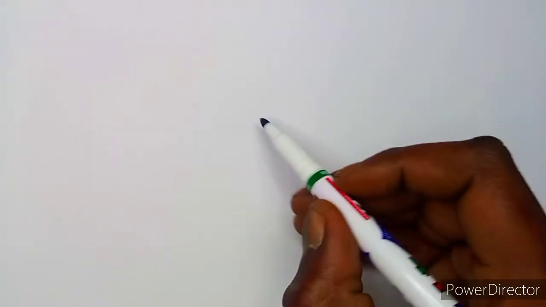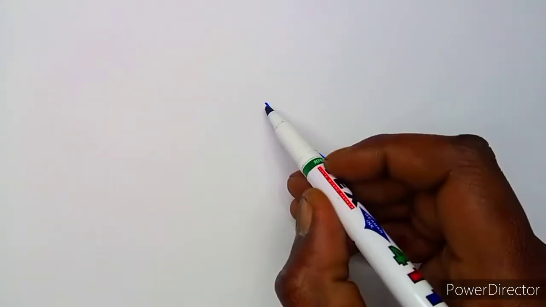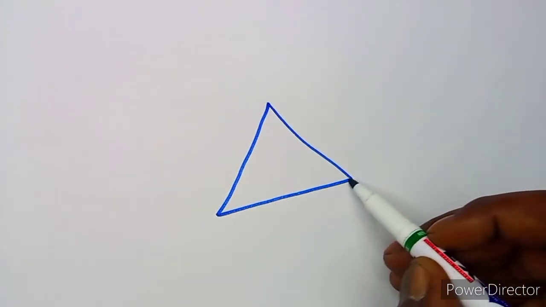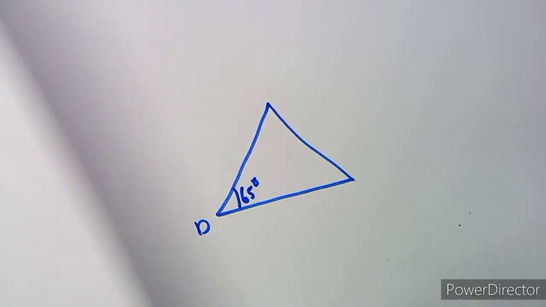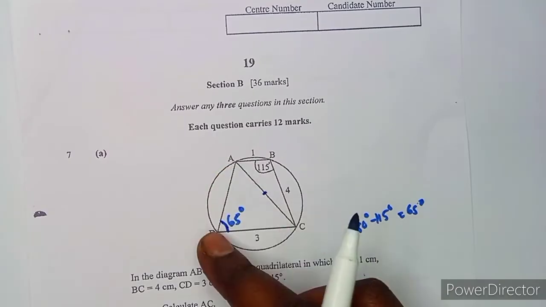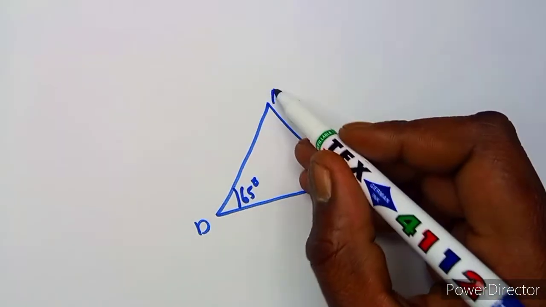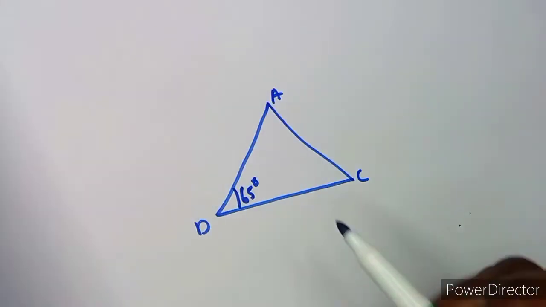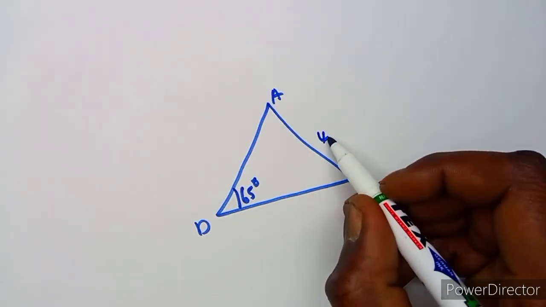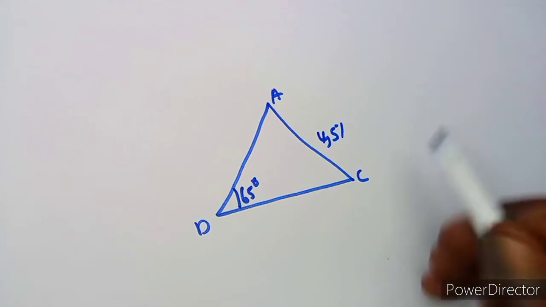Remember we calculated this, so our diagram is going to be just like this. This is 65 degrees, which is at D. At this point I just took this A, D and C. This is my AC, the one that I calculated. Remember we obtained this was 4.51, something like that.